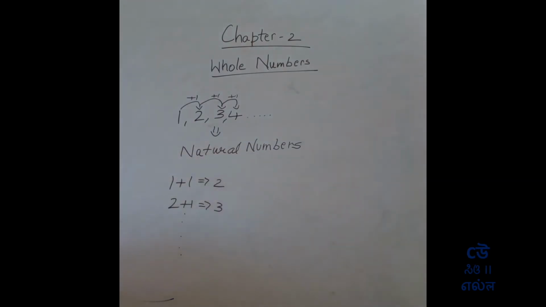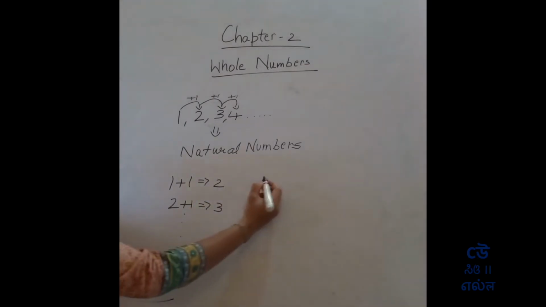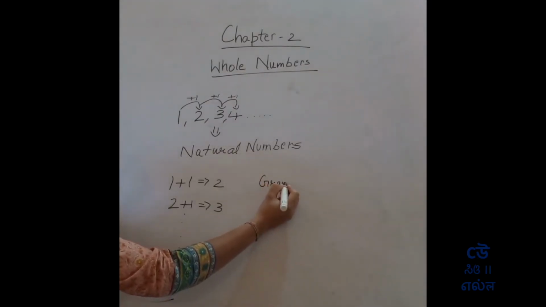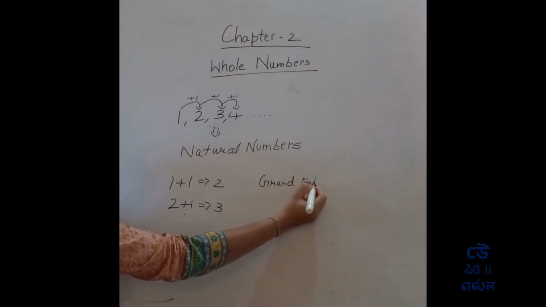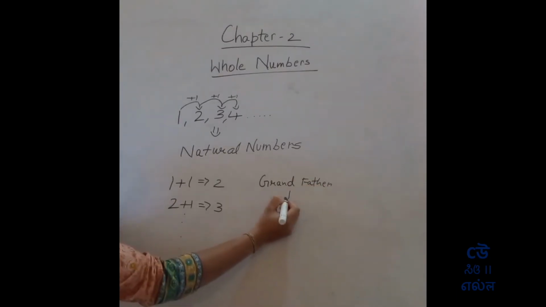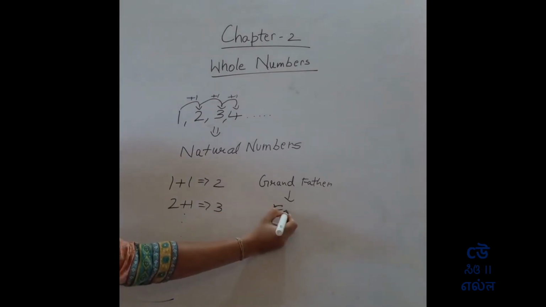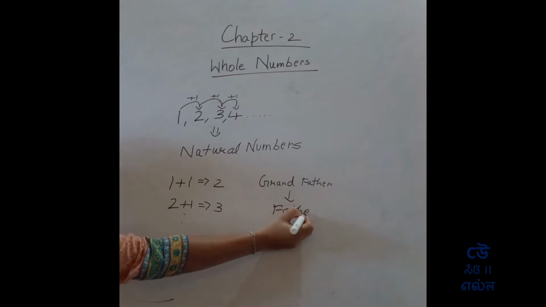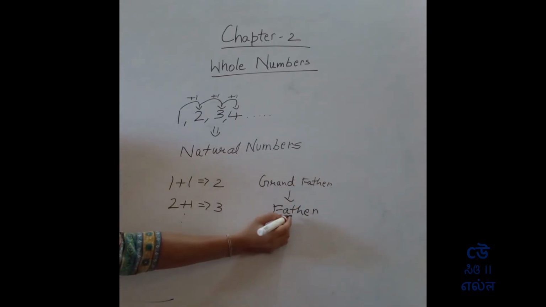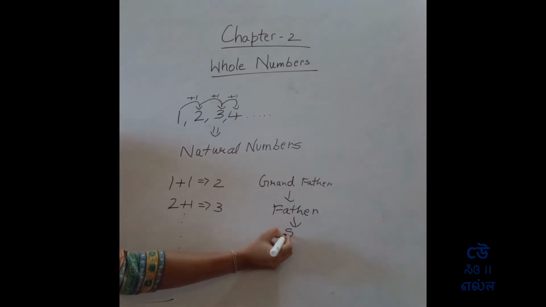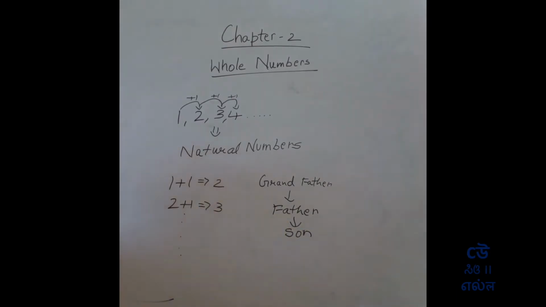For example, children, see children, who is the elder person in your home? Elder person is grandfather. Next generation of grandfather is your father, right? After your father, next generation will be son, right?